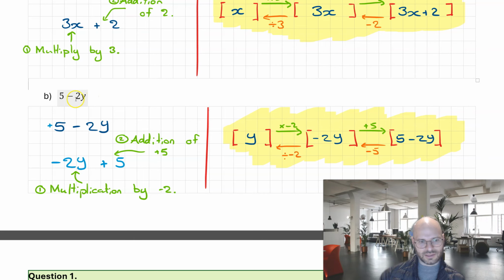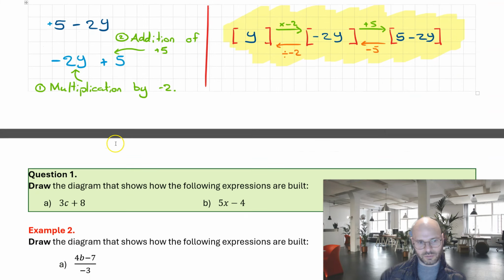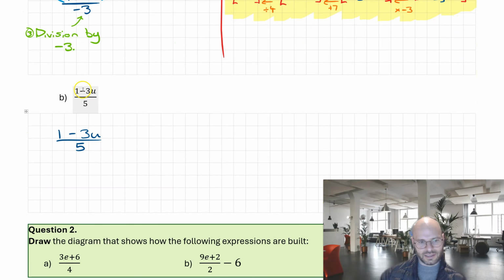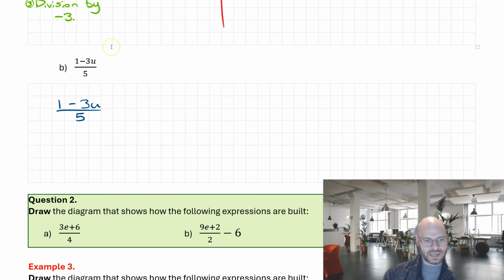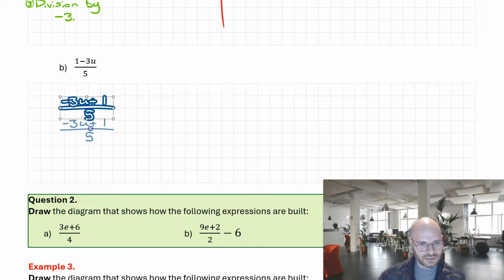The y was on the second part, first there was a constant, then there was a variable. Over here in the numerator we have the constant, then we have the variable. So what we're allowed to do is we can rewrite this, and we can change this to minus 3u plus 1 all over 5. And now what we can do is we can start looking at how this expression is built up.